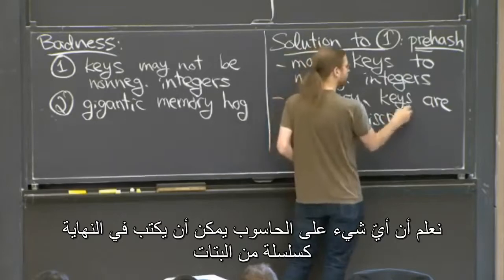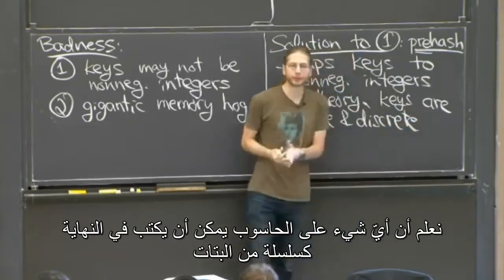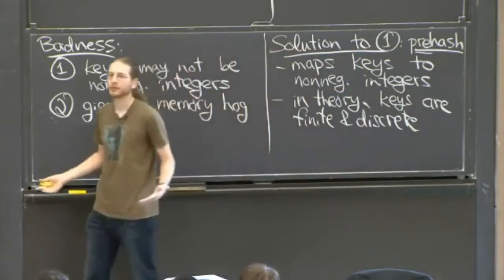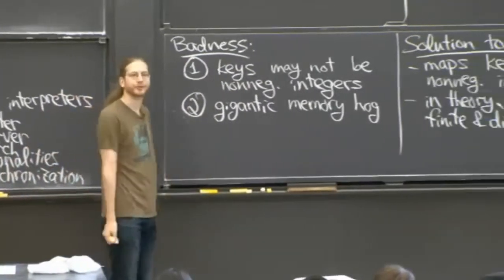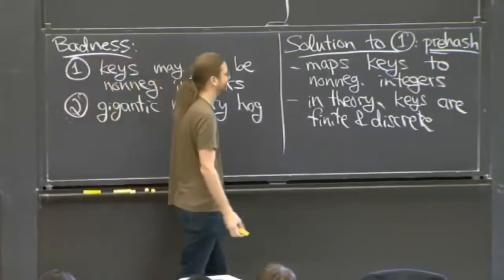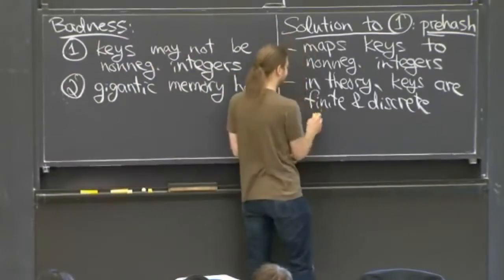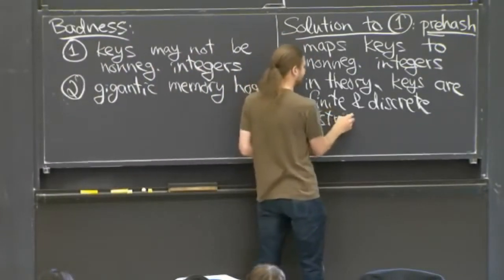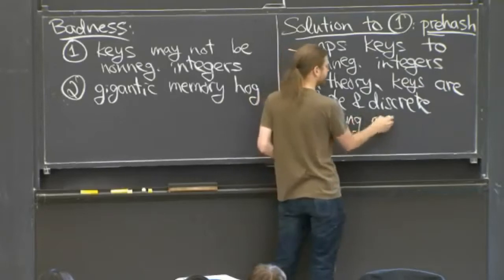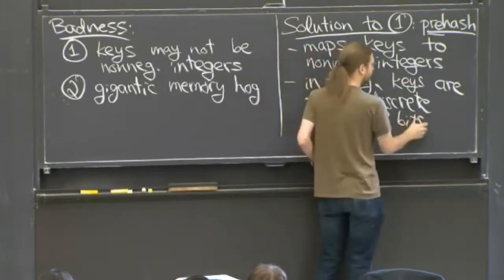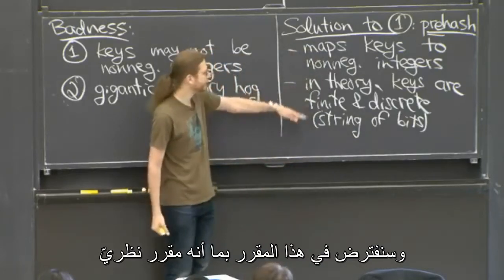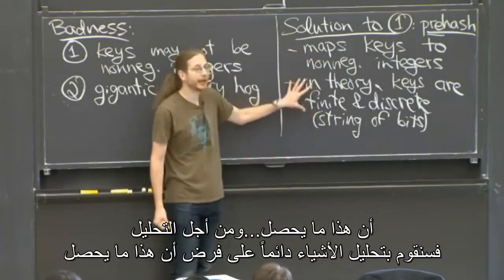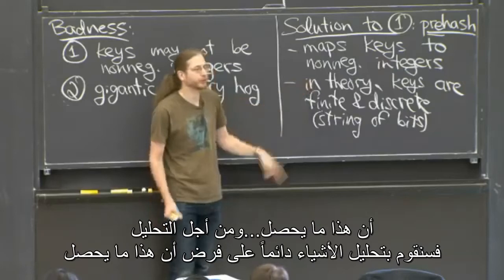We know that anything on the computer can ultimately be written down as a string of bits. So a string of bits represents an integer. So we're done. In theory, this is easy. And we're going to assume in this class, because it's sort of a theory class, that this is what's happening. At least for analysis, we're always going to analyze things as if this is what's happening.